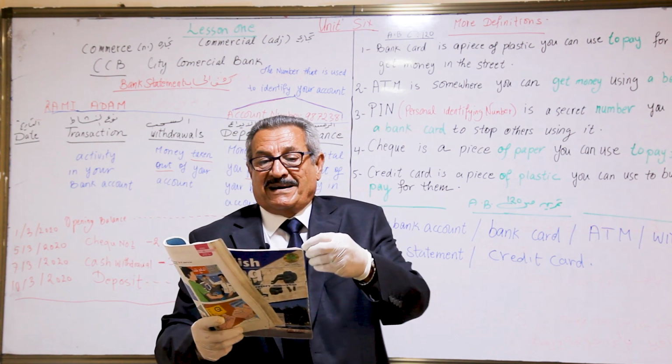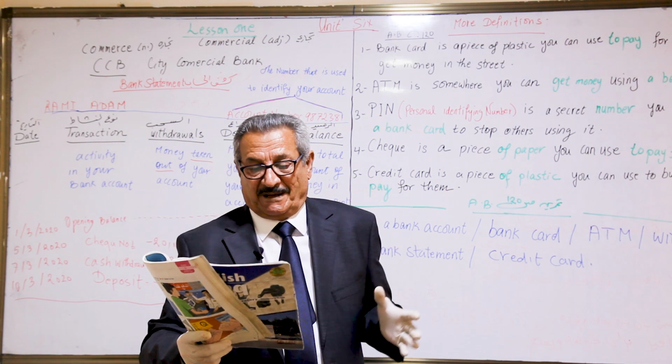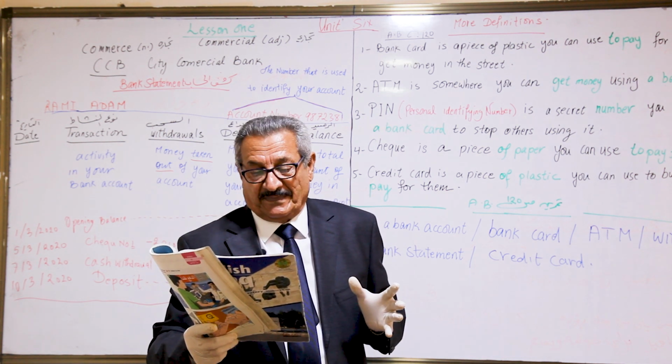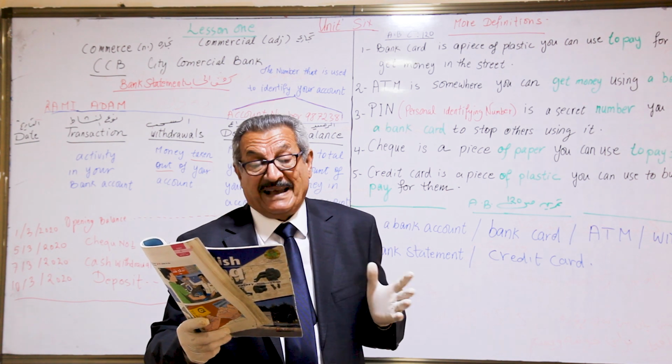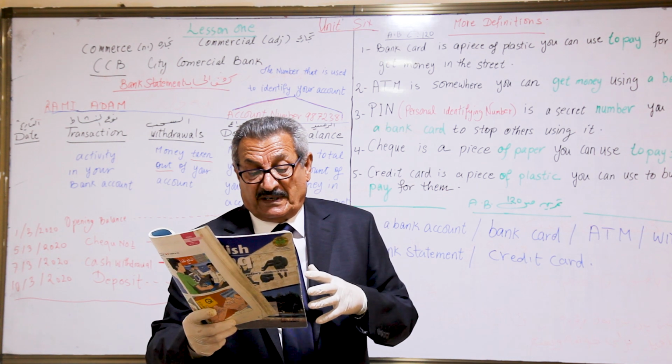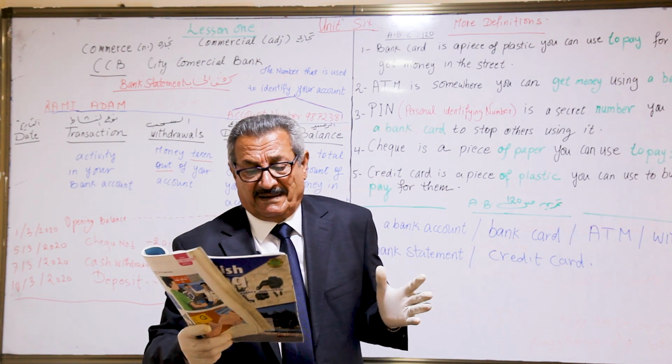ما هي مهامه؟ Most importantly, المهمة الأولى, we have to convince, نقنع, people to use the bank. And one way to do this is to offer new services, بتقديم خدمات.